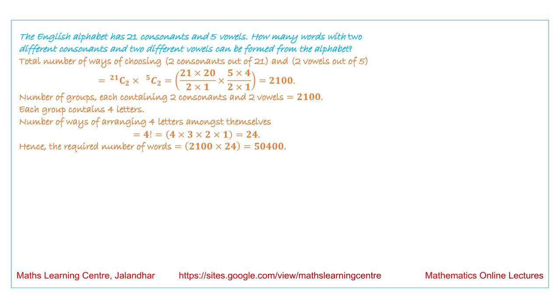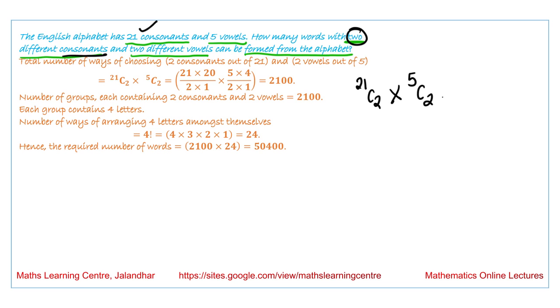Next is, the English alphabet has 21 consonants and 5 vowels. How many words with 2 different consonants and 2 different vowels can be formed with the alphabets? So again, we are choosing 2 consonants out of 21 consonants first. So the number of options we have is 21C2, and then we are choosing 2 different vowels. So the options we have is 5C2.